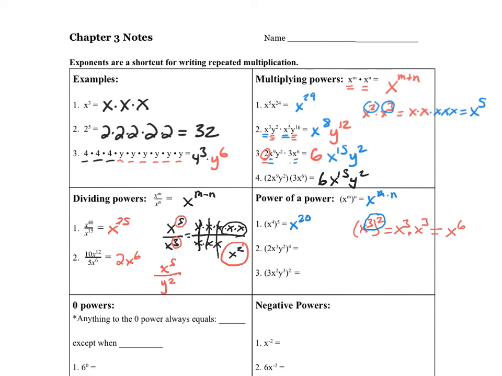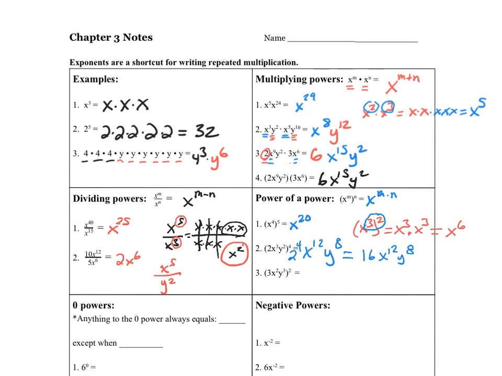So it'd be x to the 12th, y to the 8th, and then I also have that 2 up front. And I have to raise that 2 to the 4th power as well. So it'd be 2 to the 4th, x to the 12th, y to the 8th. And 2 to the 4th is just 16. So that would be my final answer.